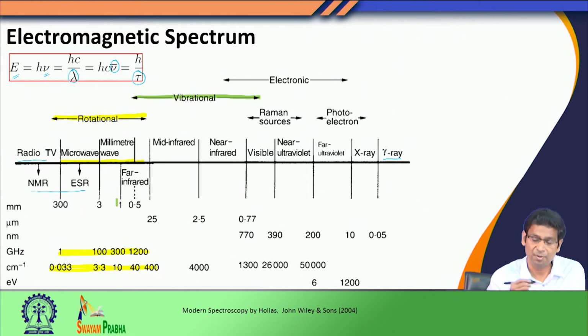To do this vibrational excitation, we normally use infrared radiation. It goes from far infrared to mid infrared and near infrared, and to express these radiations we again use the centimeter inverse unit.